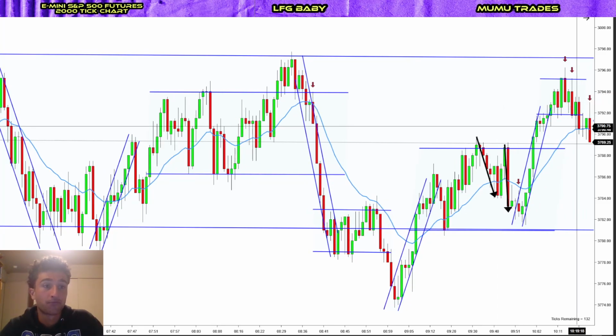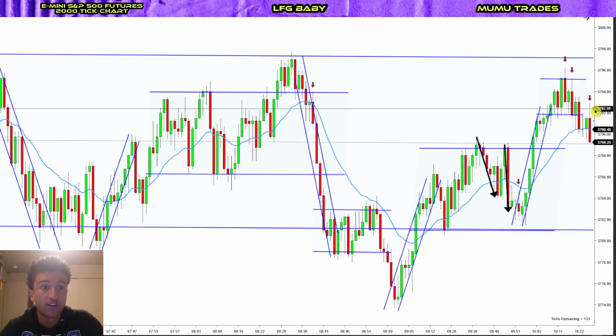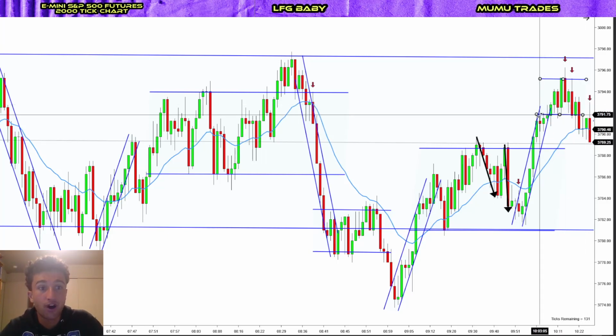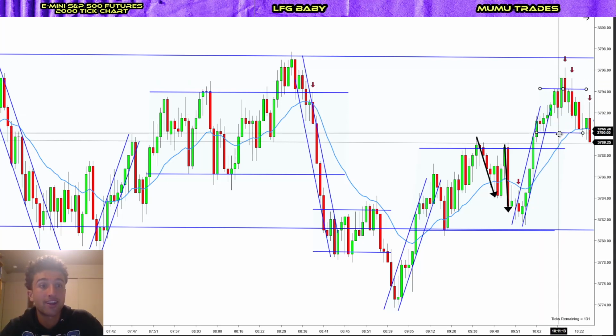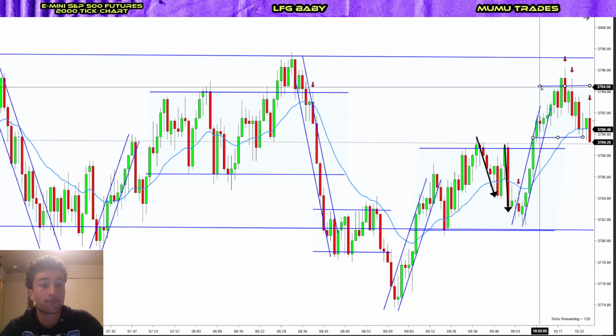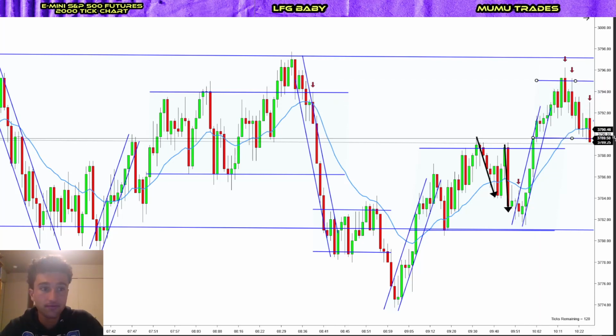So now we even have another chance to go short, but this is also why you do not trade if there is any sort of congestion. And we see that, look how many bars are stacked right here.